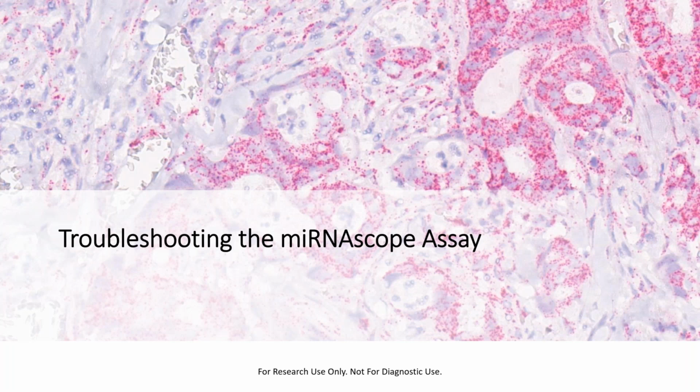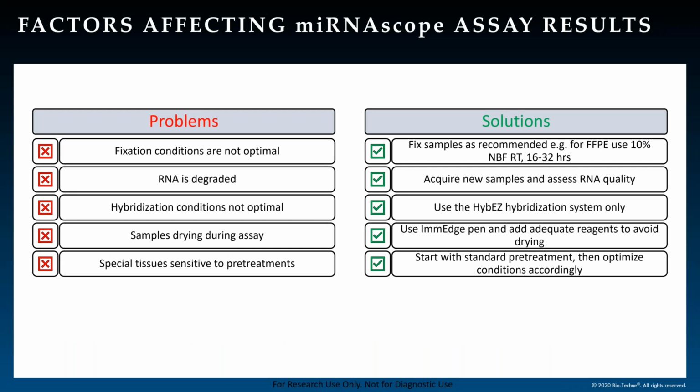Let us now review some troubleshooting examples and the results after performing optimization on these samples. miRNAscope uses universal assay conditions where minimal optimization is required for successful detection of your target. With that said, when running the miRNAscope assay, here are a few factors that can affect the outcome of your results.